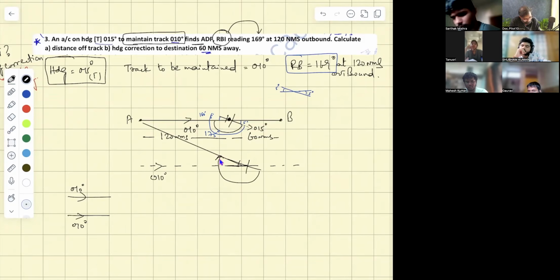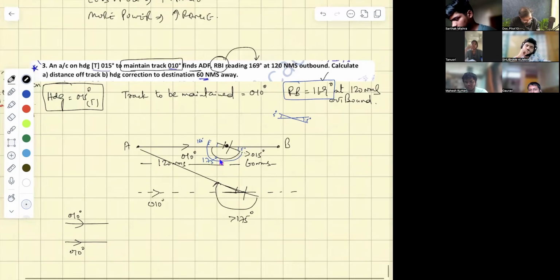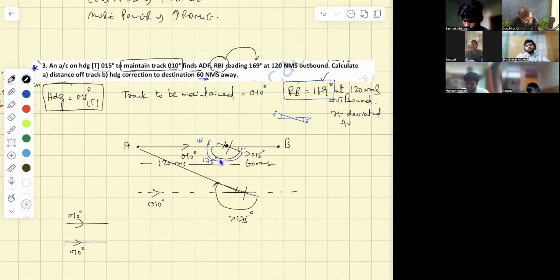The relative bearing is less than 175. So did it deviate to the right side of the track? No. So just note down, it deviated to the left side of the track. Everybody understood why?